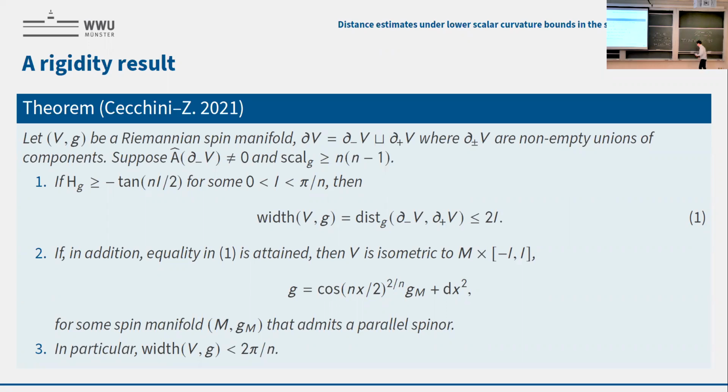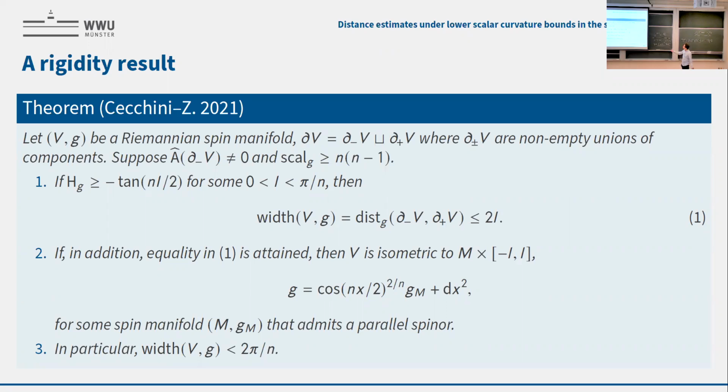And we know that the A-hat genus of one of the boundaries is non-zero, and we impose a lower scalar curvature bound as usual. And in addition, we impose a mean curvature bound. Then we actually get a stronger distance estimate depending on the mean curvature bound here.